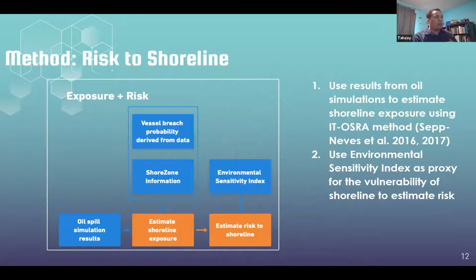We could take information from ShoreZone and use that to compute an estimation of the exposure of that particular shoreline to the oil, and then use the environmental sensitivity index to estimate the ultimate risk to the shoreline. The environmental sensitivity indices were our proxy for the vulnerability of the shoreline in the estimate of risk.